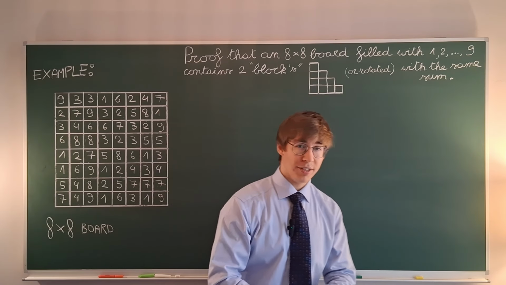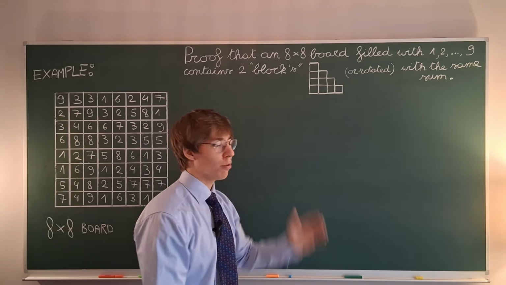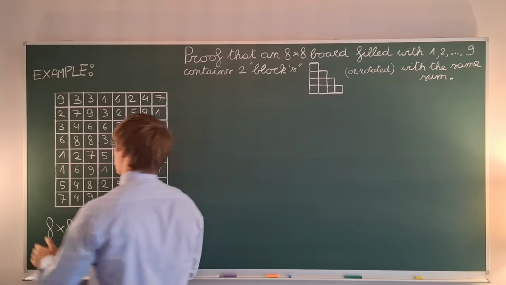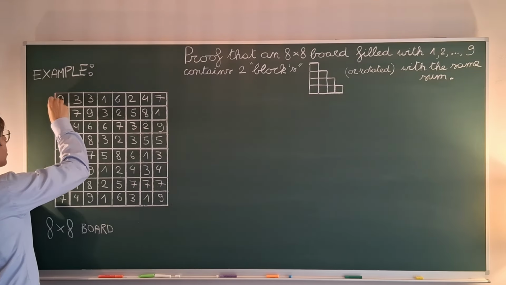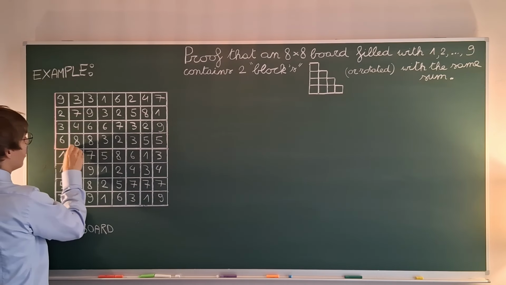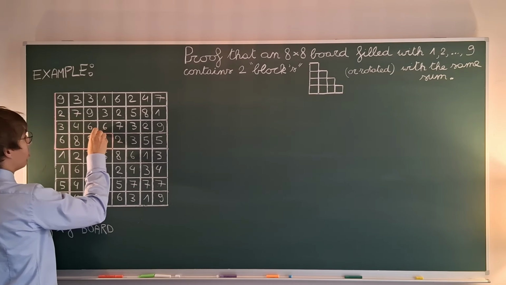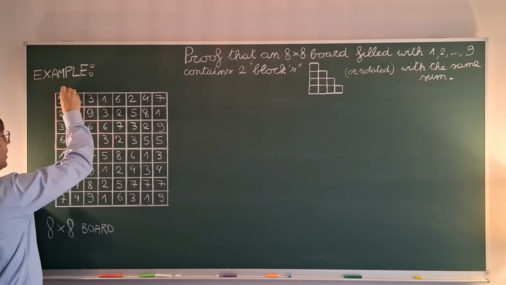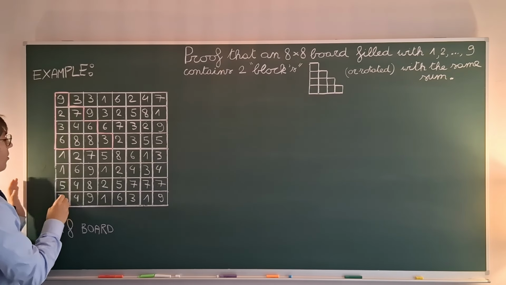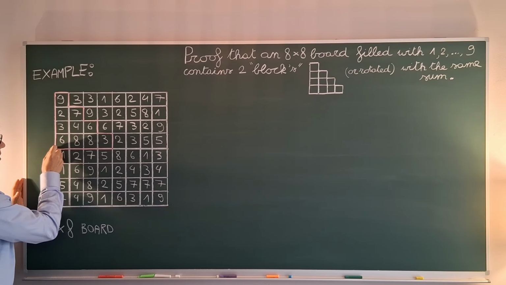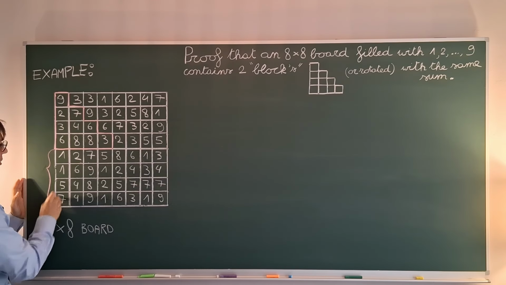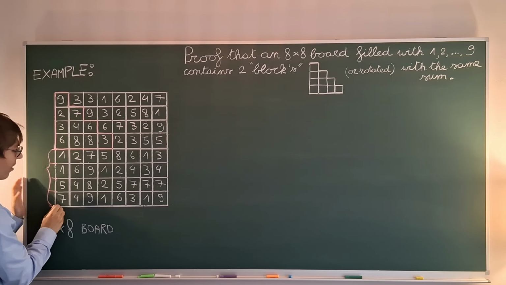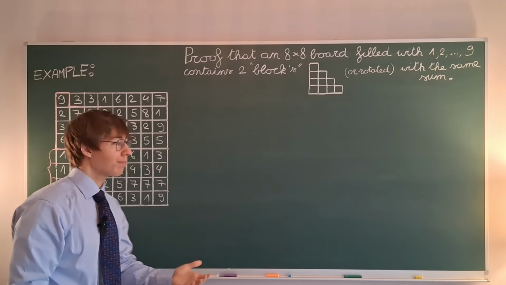Okay, let's first try to find how many unique positions of this block we can place onto the chessboard. So one position is, of course, this one, which I'm drawing in pink. But we can move this another 1, 2, 3, 4, 5 times downwards.